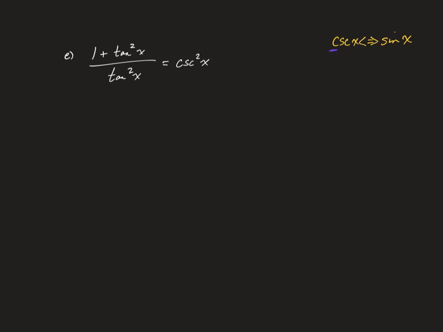So, as a quick review for us, a couple things that we're going to want to make sure we are comfortable with. Things that we have in our back pocket.